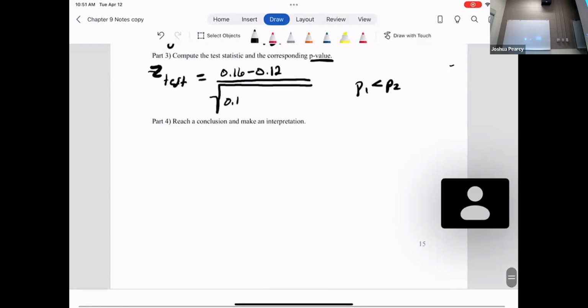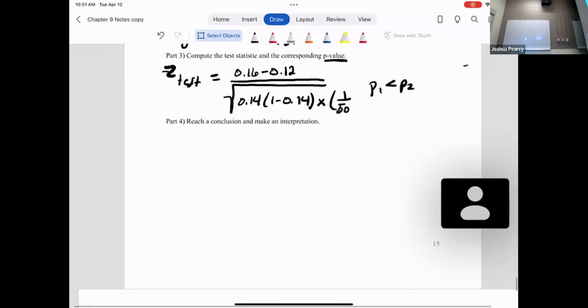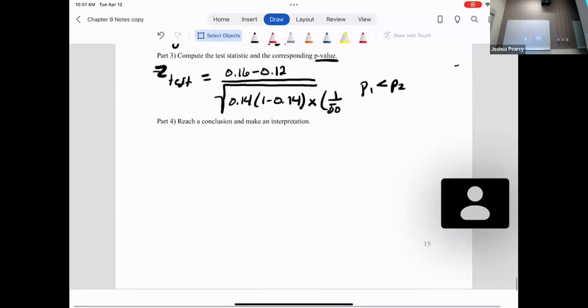So this would be 0.14 times 1 minus 0.14, and multiply that by 1 over n1, which is 50, plus 1 over 50 again, and that's all in the square root.